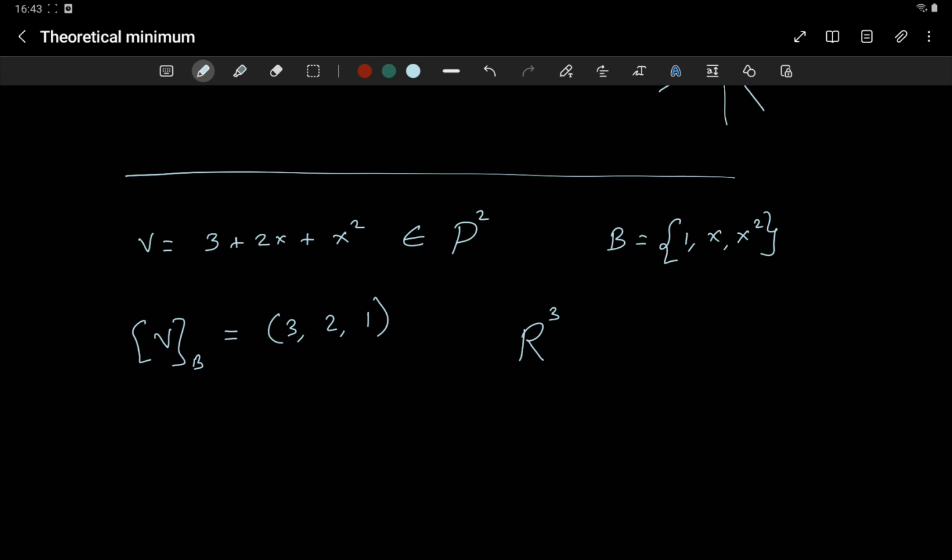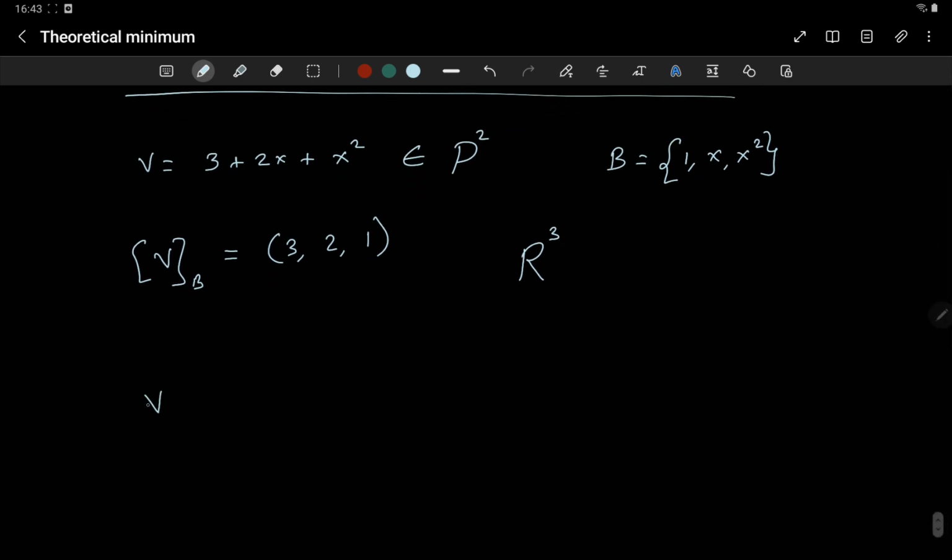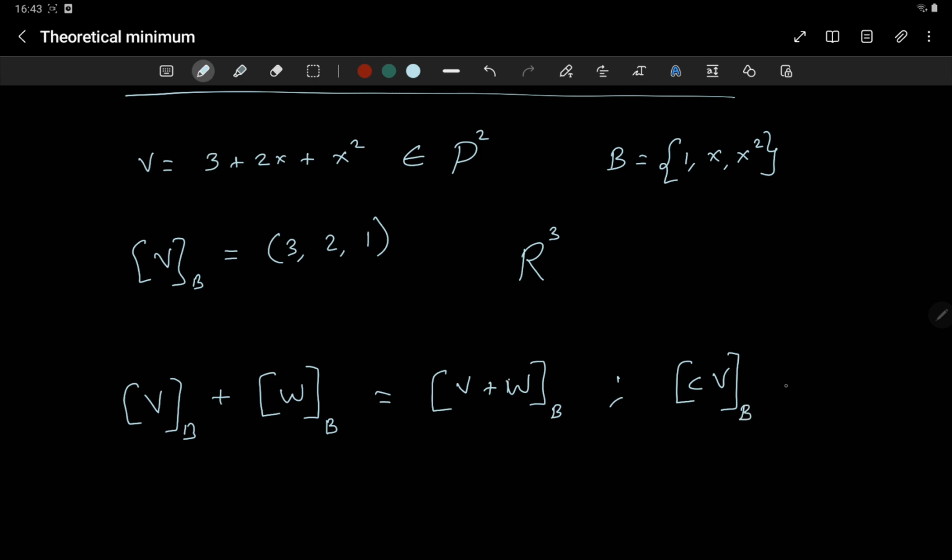If I have a vector V represented as V in B, and a vector W represented on the same basis B, then the sum is the same as if I add the vectors V and W and then represent the result in B. The other property is that c times V in B is the same as c times V in B: once I represent it as a coordinate vector and then scale it by c, it is the same as first scaling it and then representing it in coordinates.